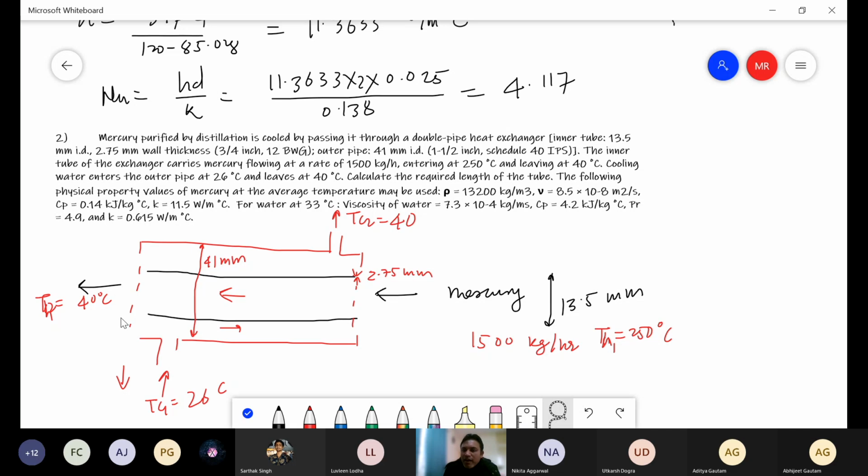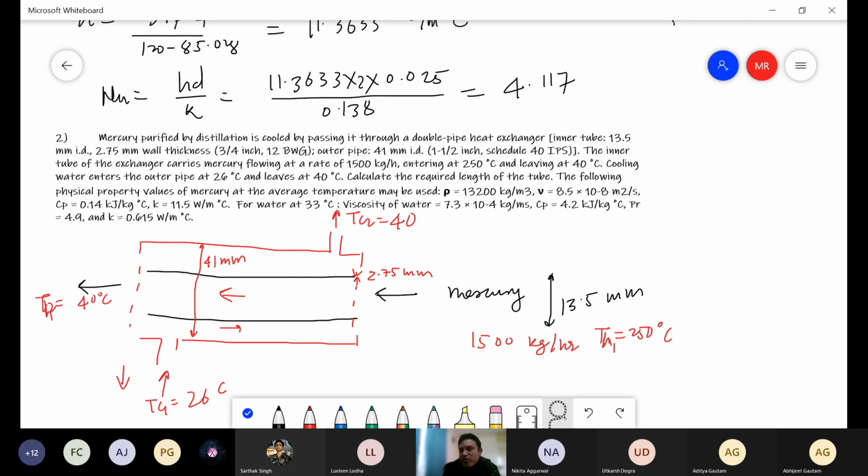But if water enters from this particular end and comes out at this end, the temperature here will be 26 degrees Celsius, whereas the outgoing temperature here will be 40 degrees Celsius. So the outgoing temperature of water and of mercury would both be 40 degrees Celsius.